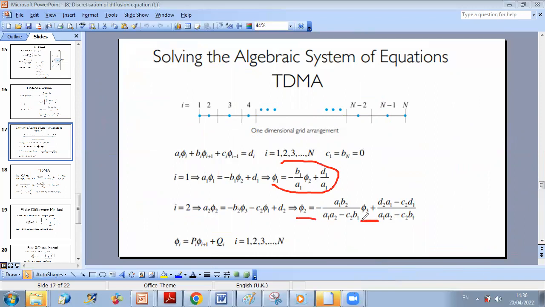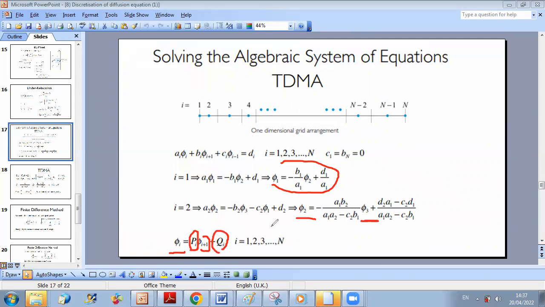We can deduce that as we move from one cell to the other, we are able to express phi at a certain cell, function of phi of the cell just after it. So we can extrapolate this analysis to any cell i. If I do, I can say for any cell I can find that phi i is a certain coefficient Pi times phi i plus 1 plus a certain constant coefficient Qi.